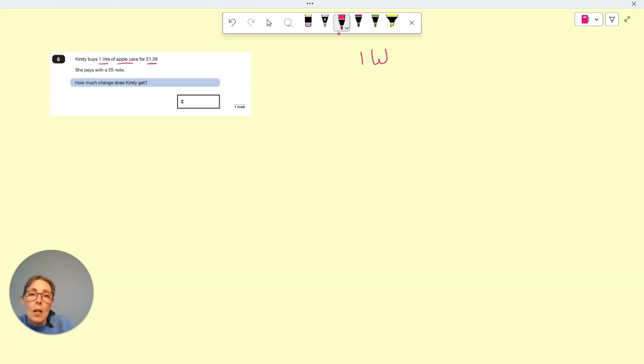So 1 litre, and it's apple juice, and 1 litre costs £1.39. Okay, she pays with a £5 note. How much change does Kirsty get?